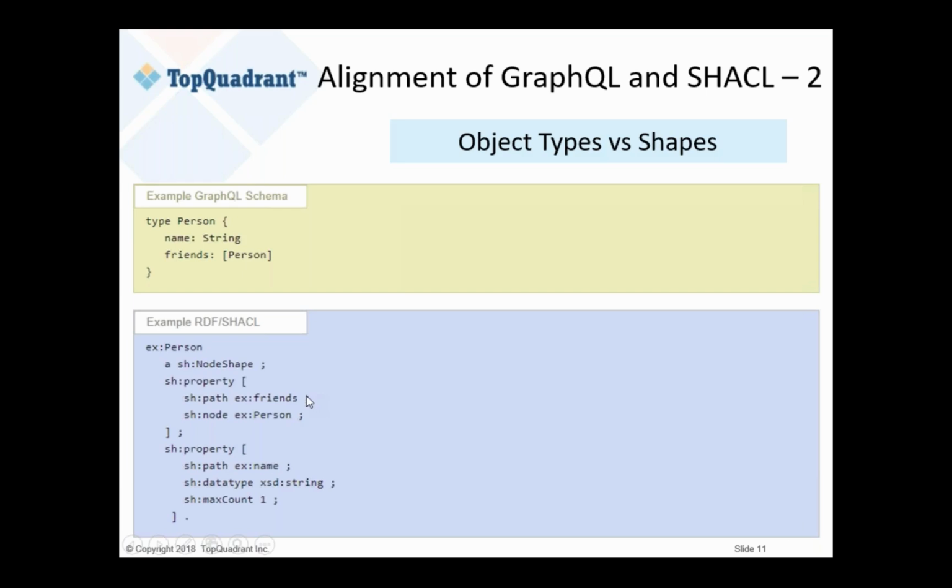And then things like arrays would be fields that would be property shapes that have, I was pointing at the wrong thing here, by the way. So arrays would be property shapes that have no limit, no maximum number, while simple fields like name would have a max count constraint attached to them. And you can go back and forth from both sides.